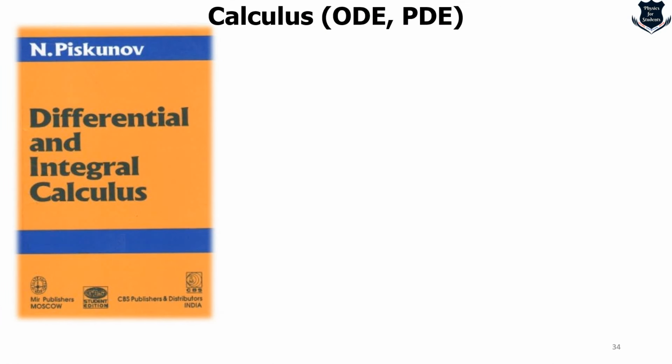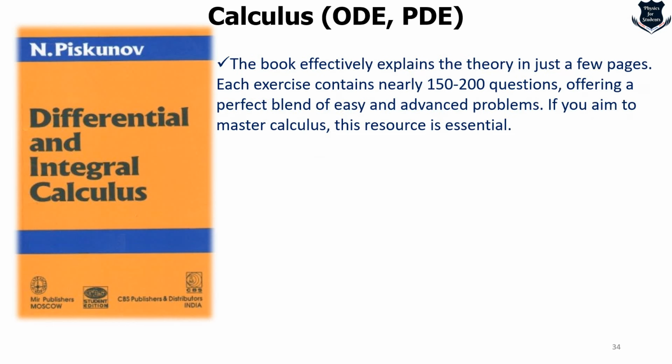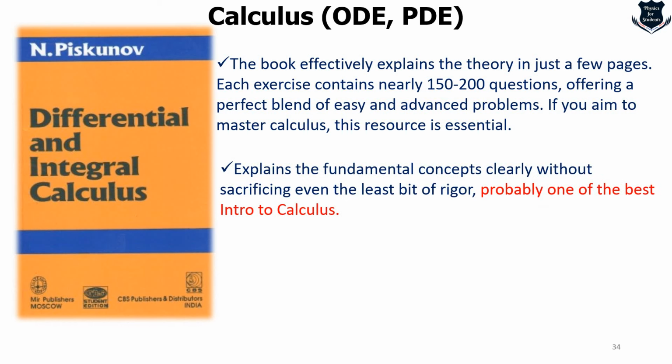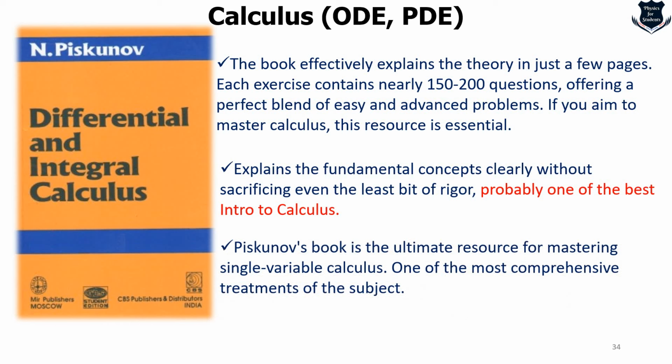This is a much more serious and much more mathematical book, Differential and Integral Calculus by the great Soviet mathematician N. Piskunov. This book has 150 to 200 questions, which offers a perfect blend of easy and advanced problems. Piskunov also goes forward and explains the fundamental concepts with rigor, probably one of the best introductions to calculus.